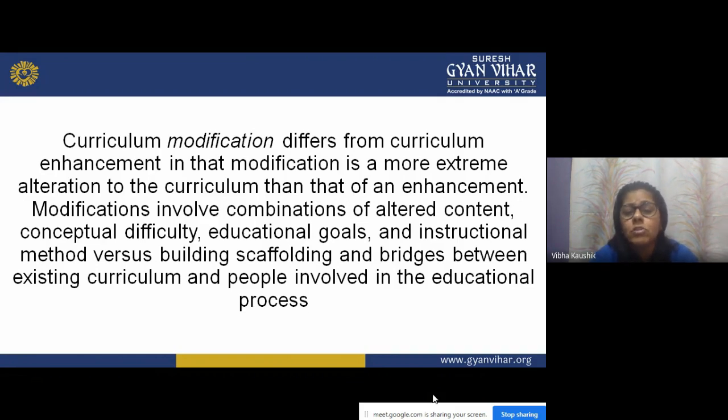These are the instructional methods that will be used by the teacher, versus building scaffolding and bridges between the existing curriculum and people involved in the educational process. The bridges will work as a bridge between the present curriculum and people involved in the educational process, and how the different people are involved in the educational process.